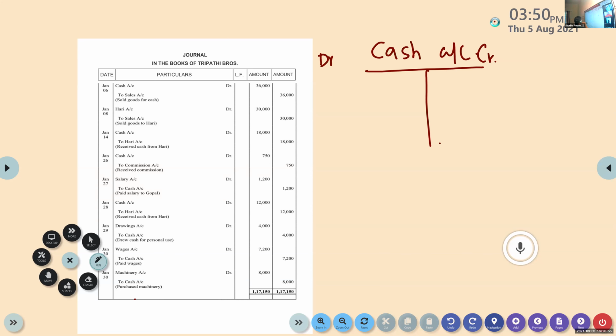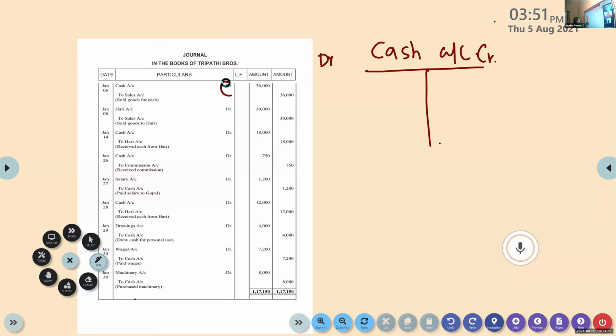So we are going to prepare the ledger accounts. Can you hear me? Yes, okay. The cash account. What to do with the cash account?